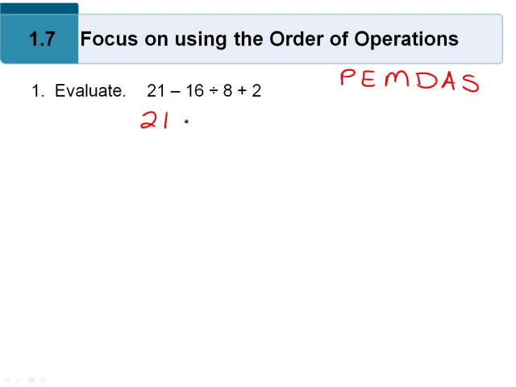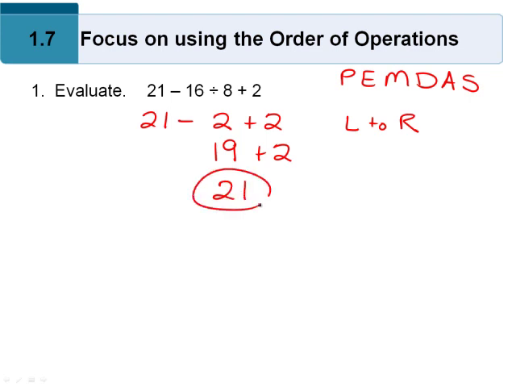So bring down 21 and the minus sign. 16 divided by 8 is 2 plus 2. So now you have adding and subtracting left, and you work those left to right. So we're going to do 21 minus 2, which gives me 19, plus 2, which is 21. And that's your answer.